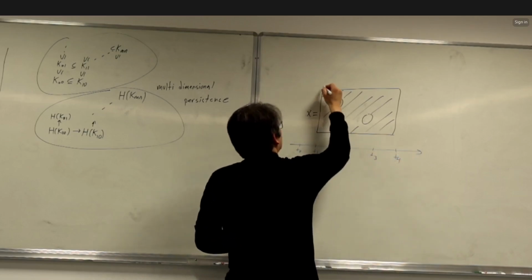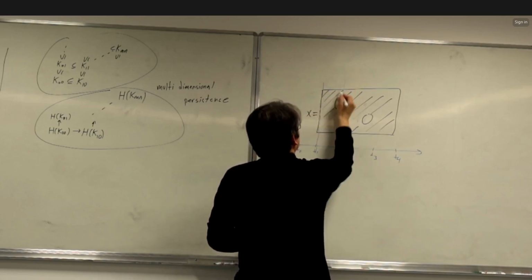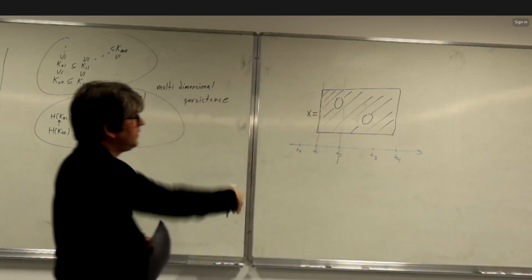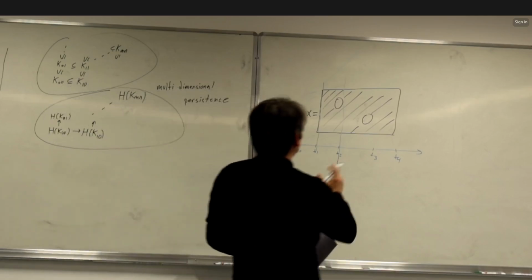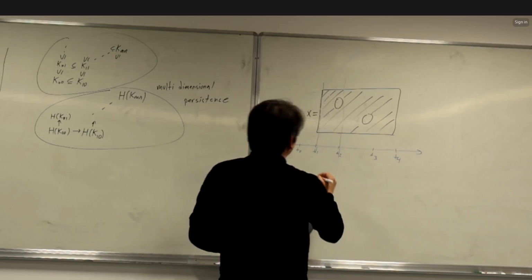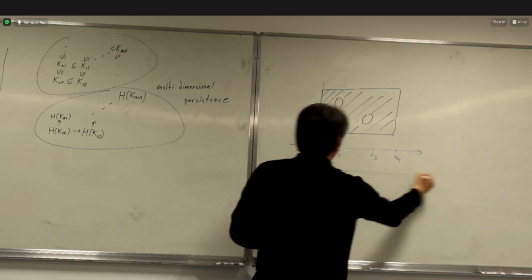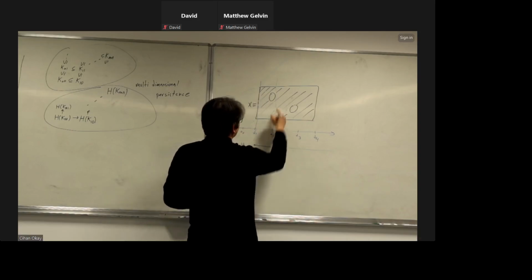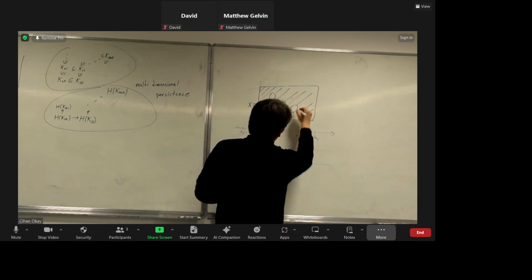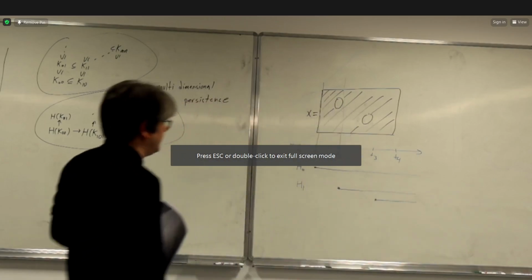So you look at things that stay on the left-hand side of these vertical lines and consider that as a filtration. Then what kind of barcode do you get? Well, for H0, it starts here and goes on forever, and then for H1, barcodes start here, and then another one starts somewhere over here, and they go to infinity.